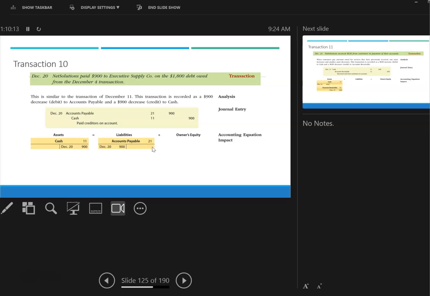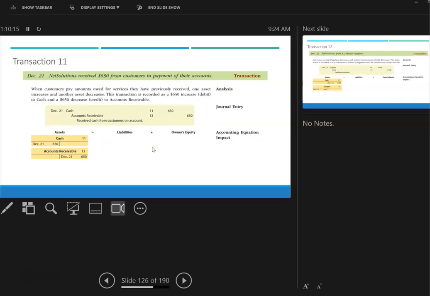We're reducing our accounts payable. Net Solutions received $650 from customers in payment on their accounts. If they paid their accounts, what's going down? Accounts receivable is going down. Cash is going up, that's getting debited.